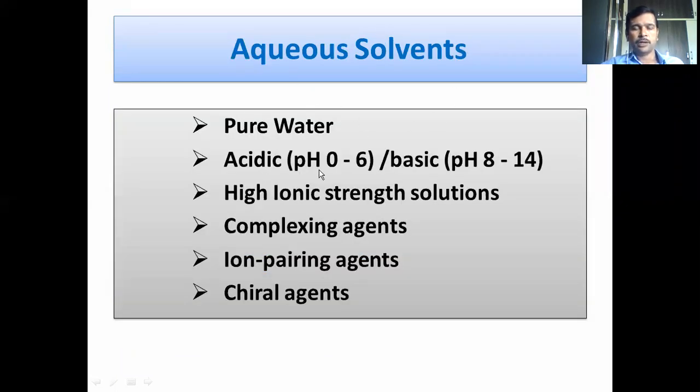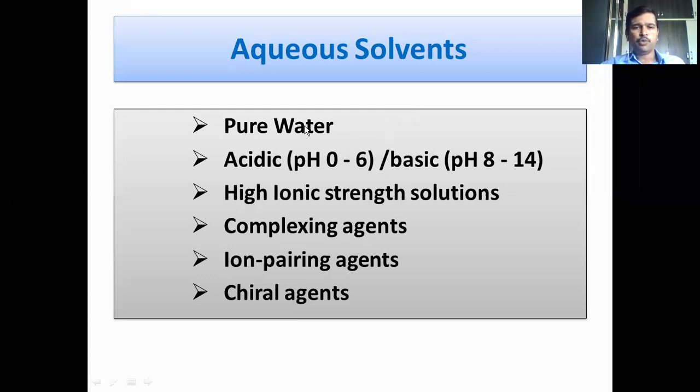Okay. The requirements are very essential when we do liquid-liquid extraction or solvent extraction. We will be using aqueous solvents, and we also use organic solvents in order to carry out the extraction. So what kind of aqueous solvents will we be using? What are the characteristics of aqueous solvents?